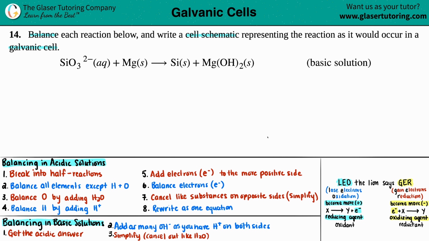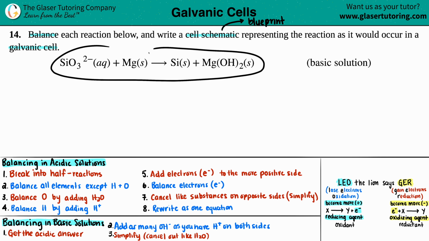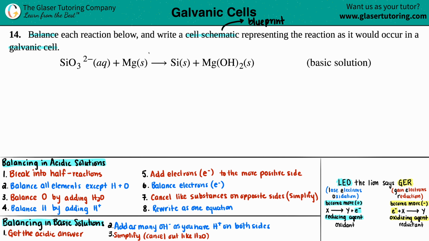Okay? So we need to balance this equation. And we need to write the schematic. So the schematic is basically just like a chemistry drawing, or maybe like a blueprint. It will tell you what this equation is in a different way of saying it, where we don't have plus signs and we don't have yield signs, we have something else.